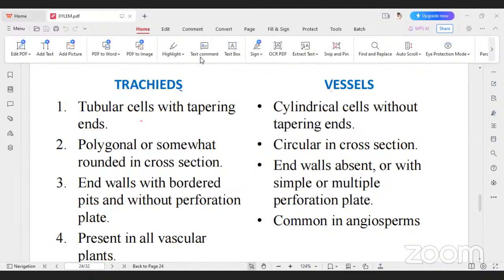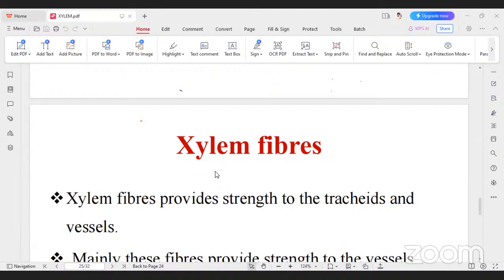Hello, are you there? Yes, sir. Right. You tell me the tracheid and vessel differences. It is important from the exam point of view. You learned separately about the tracheids and separately about the vessels. What are the structural differences in both? Tell me.